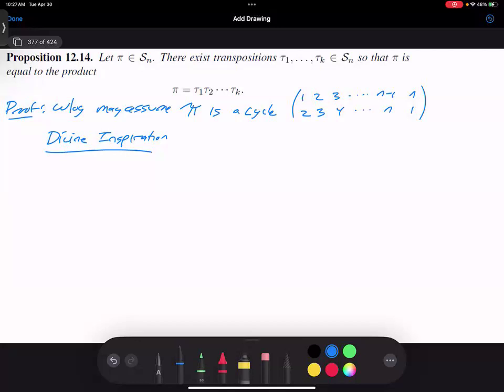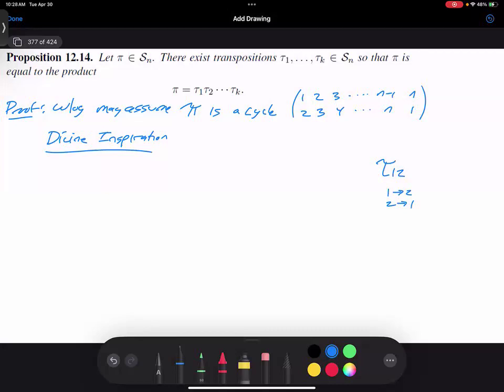So let me start off with, I want to write things as a product of transpositions. Let me start off with tau of 1, 2. So this sends 1 to 2, and it sends 2 to 1. Does that equal my cycle? No. Does it have anything good about it?